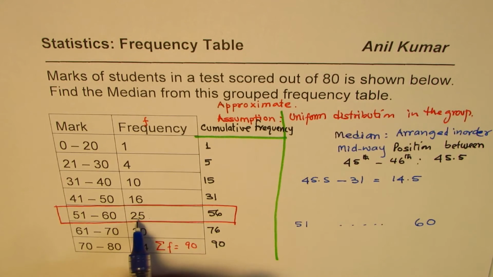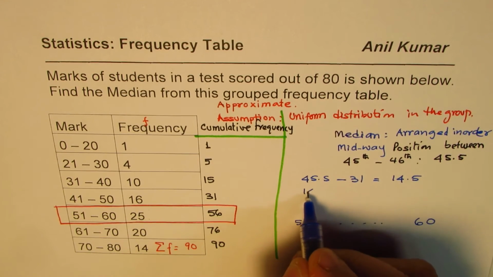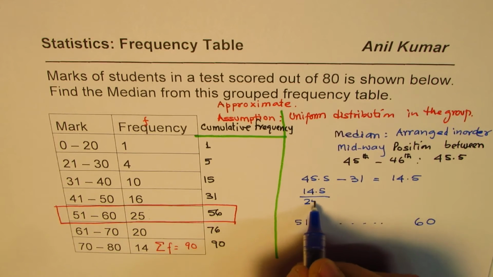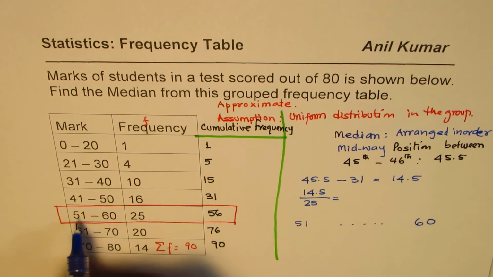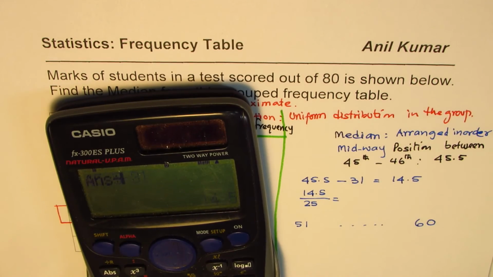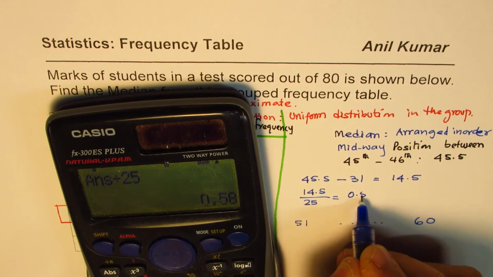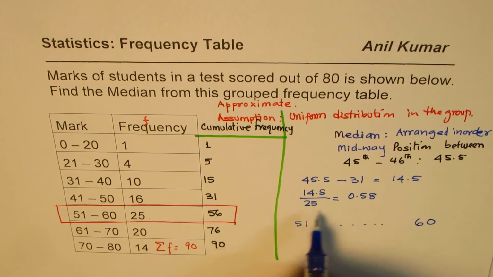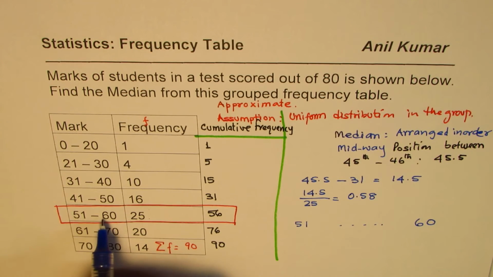We divide 14.5 by 25, the total number of elements in that group, to find how much inside this group the median lies. That gives us 0.58.